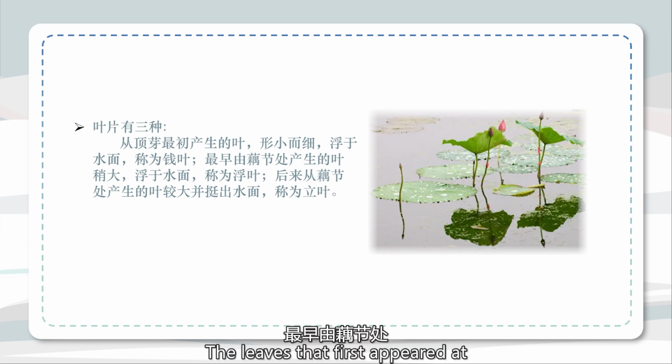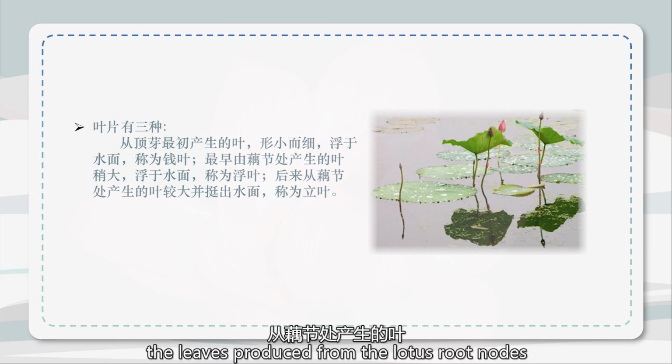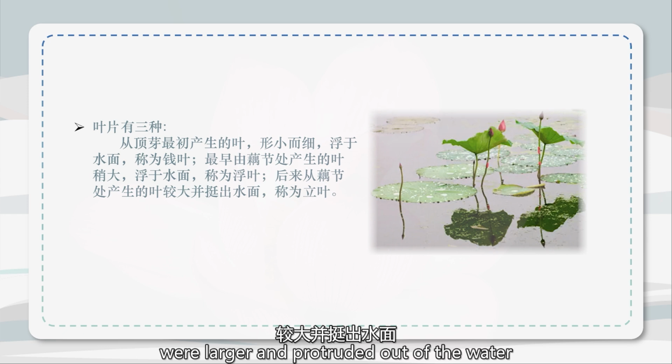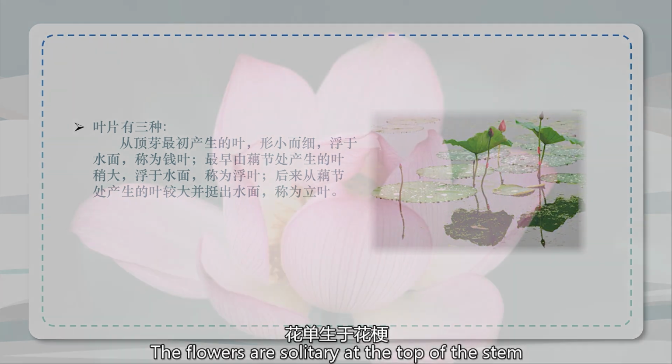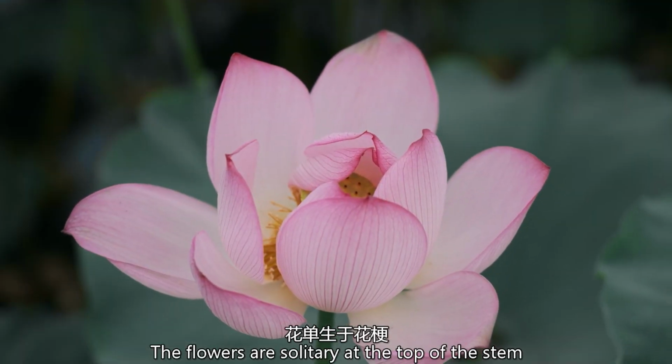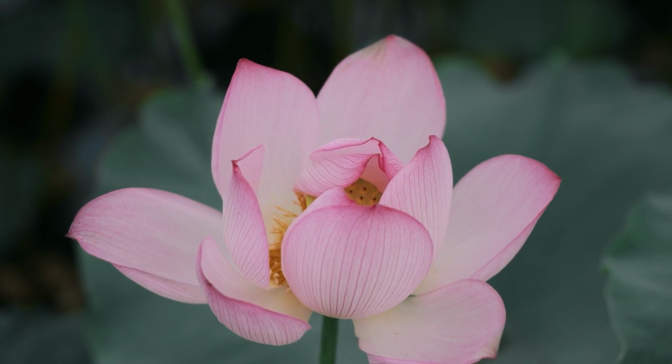The leaves that first appeared at the lotus root nodes were slightly larger and floated on the water surface, known as floating leaves. Later, the leaves produced from the lotus root nodes were larger and protruded out of the water, known as standing leaves. The flowers are solitary at the top of the stem and protrude from the water surface.